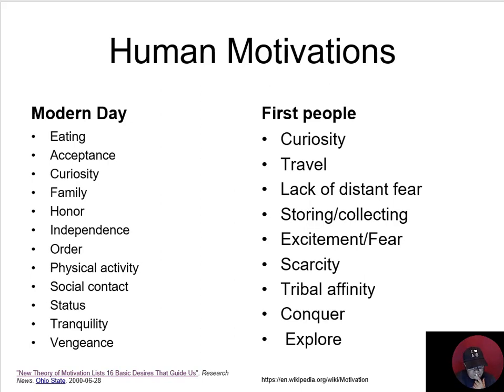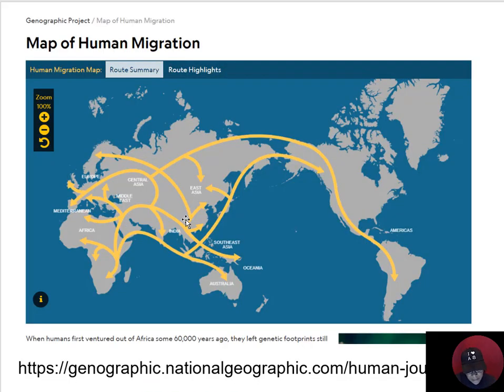So when we think about the human species, let's take a look at a map. So when we look at this map of human migration, and this is traced back by looking at the genome of humans that have been analyzed throughout the planet and the fossil record, what we see is that all of our genomic material goes back to Africa, no matter where you think you are from.